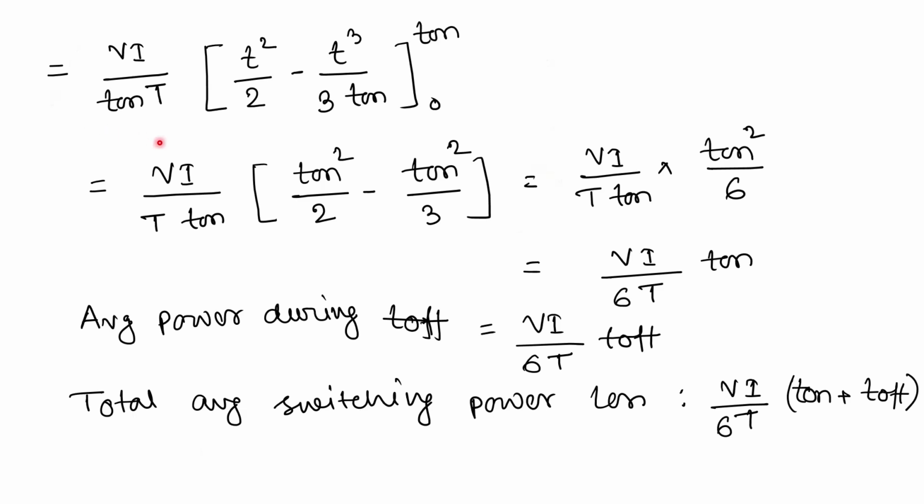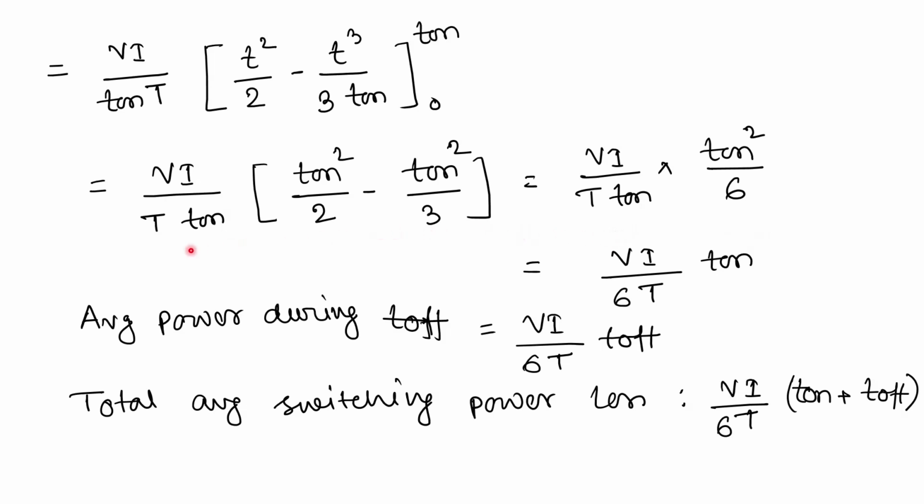After the integration, we put in the limits 0 to small t on. Putting this value here, it comes as VI by 6 into small t on. Small t on is the time required from off state to on state.